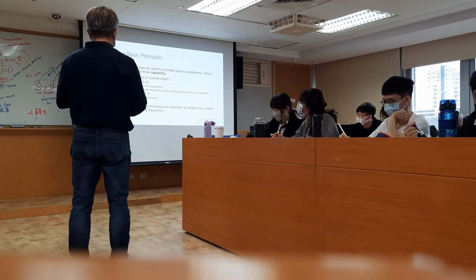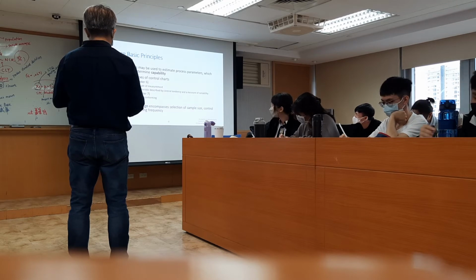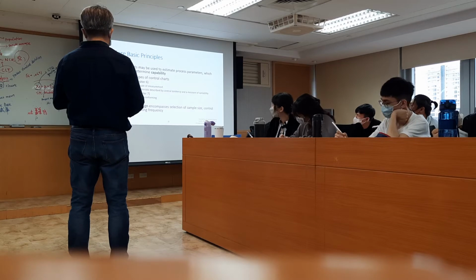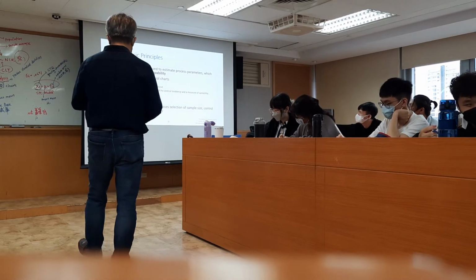So there are two general types of control charts: the variable control chart and the attribute control chart, which are going to be addressed in Chapter 6 and Chapter 7 respectively.